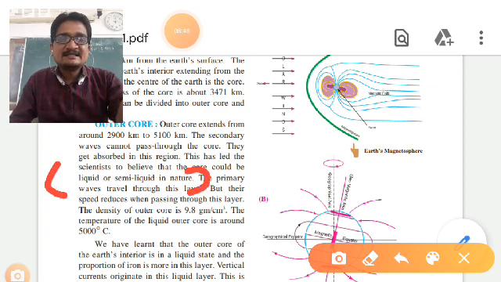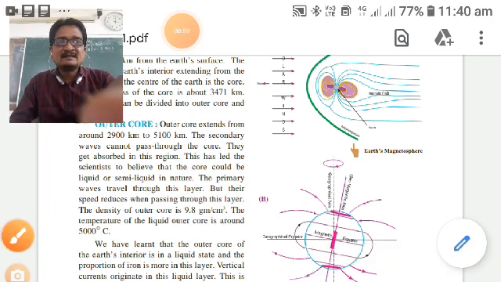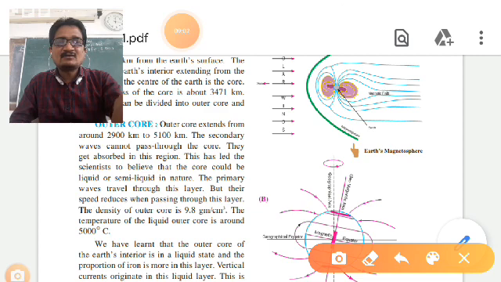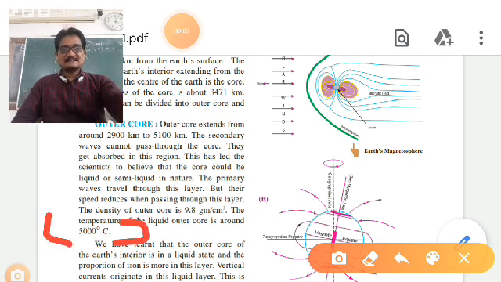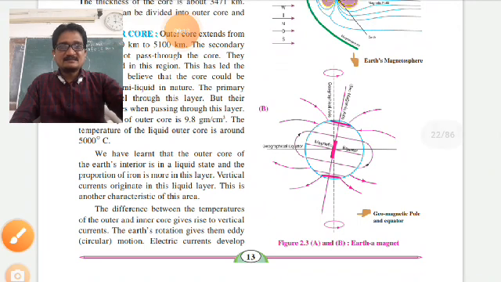Then density of outer core is 9.8 gram per cubic centimeter. Then the temperature of the liquid outer core is around 5000 degrees Celsius. Okay, these points we should differentiate.